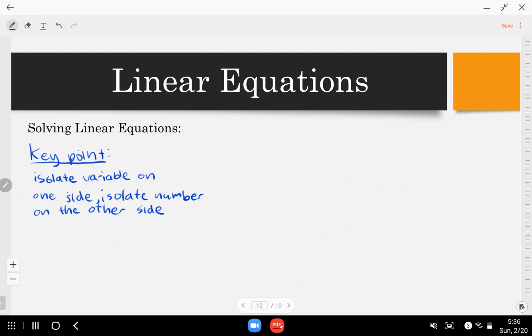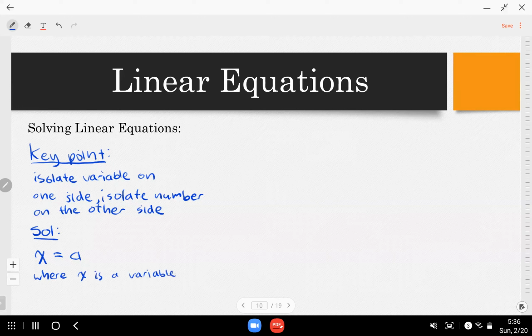All right, so if we isolate the variables on one side and the numbers on the other side, our solution should be like this: x is equal to a, where x is a variable.